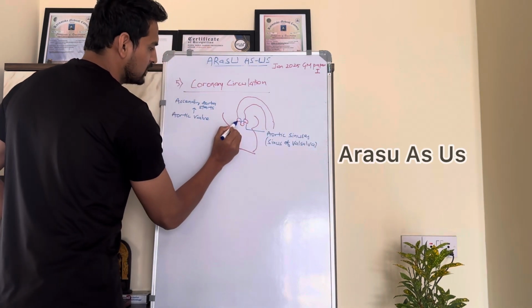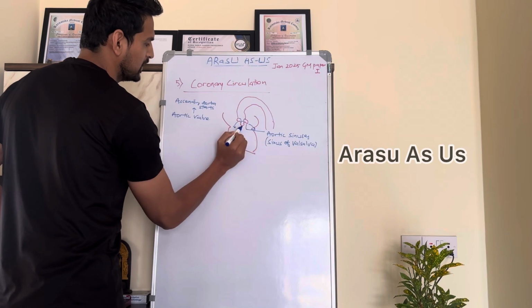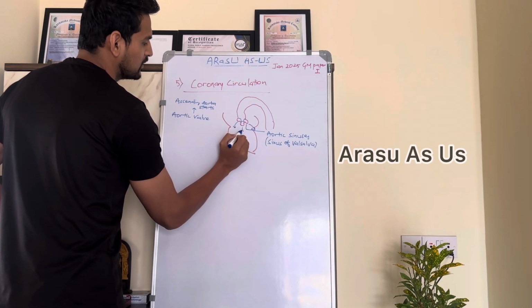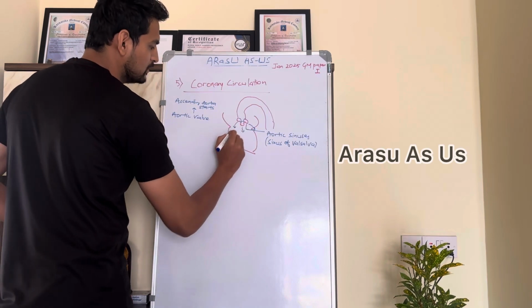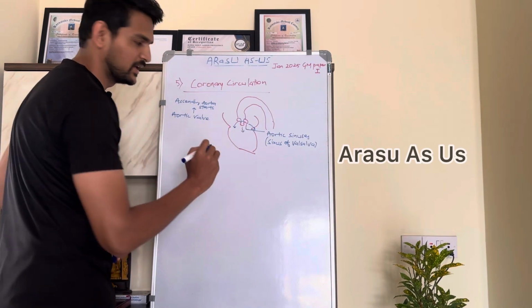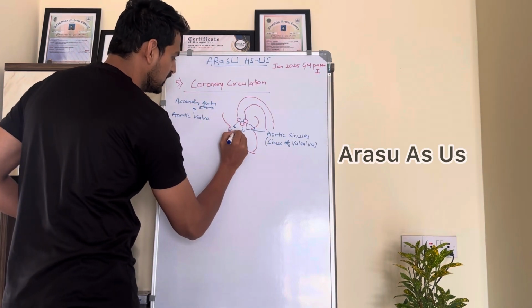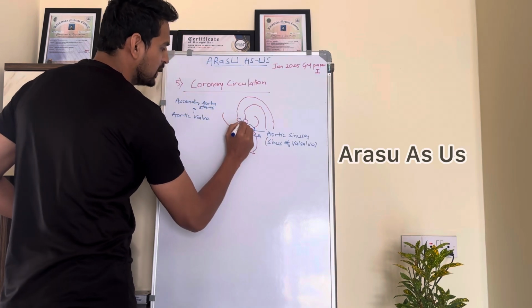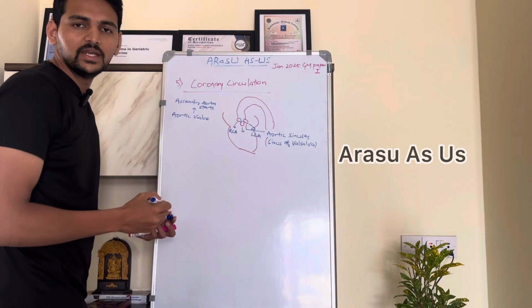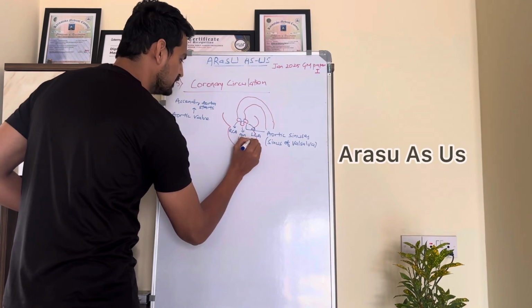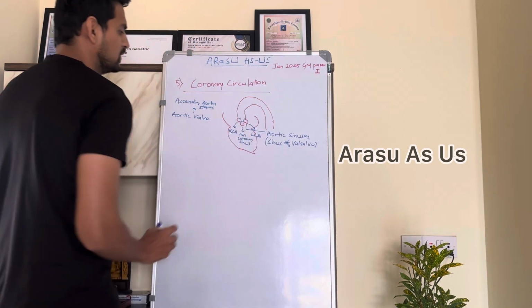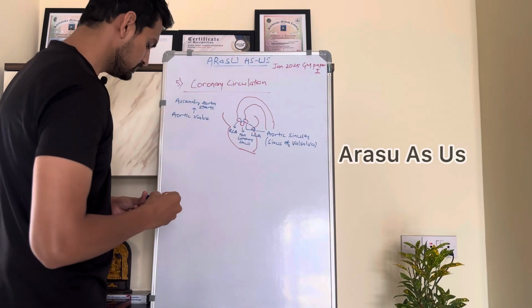So we can see one is right, one more is left, and one more is in between. From these sinuses will be the origin of mainly 2 coronary arteries. One is the right coronary artery, one more is the left coronary artery, and one more sinus will not give any branch. So this is the non-coronary sinus. So here is the origin, right?